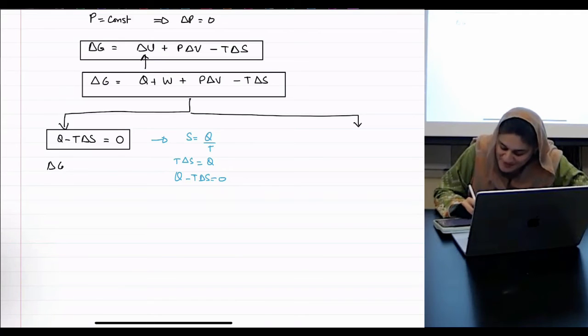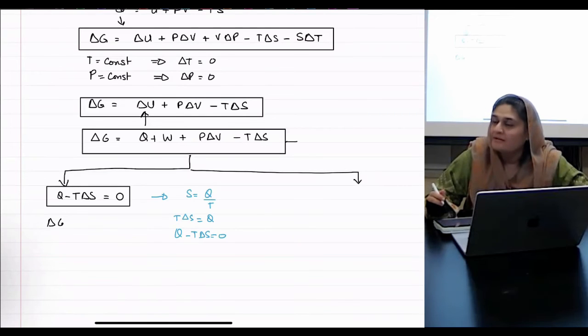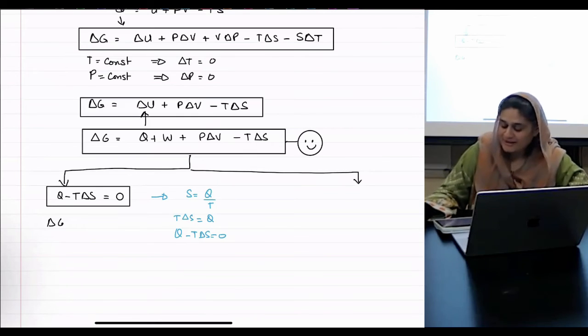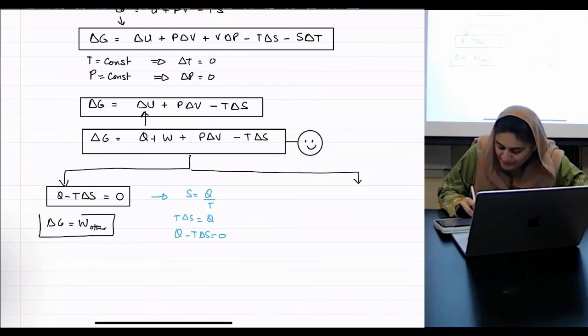Oh, okay. So this means my equation, what do we call this equation? A smiley face. It can't be a crying face equation. It should be, equals work. All kinds of work.